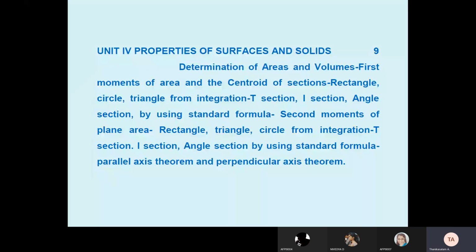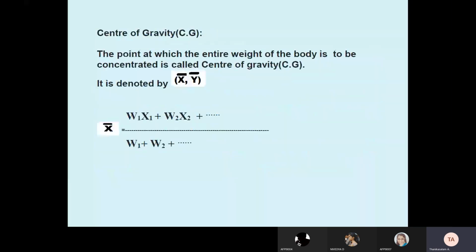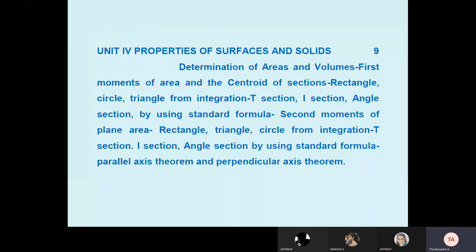Second moments of plane area: rectangle, triangle, circle from integration, T section, I section, angle section by using standard formula, then parallel axis theorem and perpendicular axis theorem.